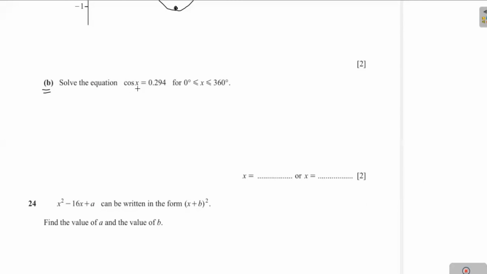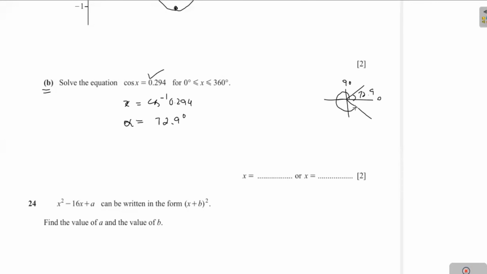Question 23, part B, solve this equation. You see here x is equal to cos inverse 0.294. Firstly, we will take the acute angle value of cos inverse. The acute angle value of cos inverse 0.294 is 72.9 degrees. But cos x is positive in the first quadrant and the fourth quadrant. This value is between 0 to 90, and this is 72.9, and the second value will lie in the fourth quadrant.